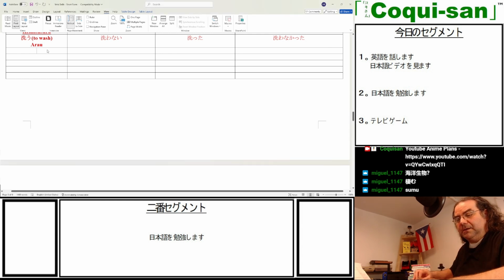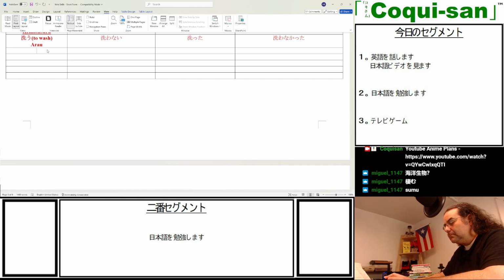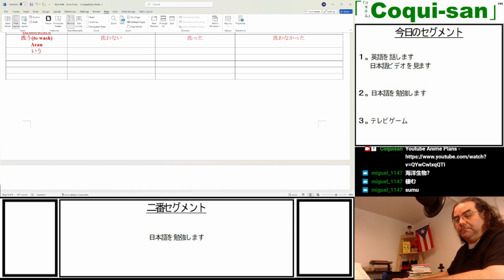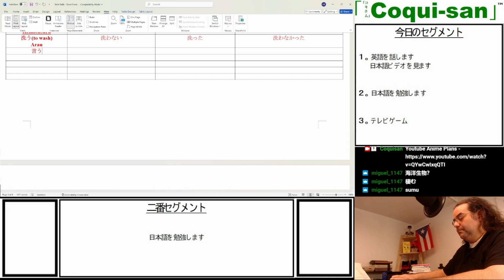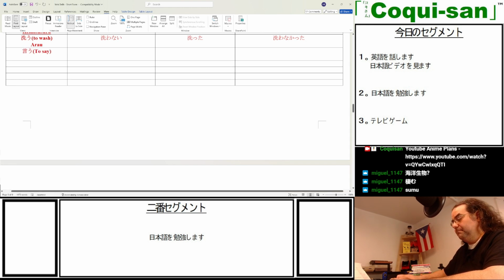All right, our next word is iu, which is to say. To say.